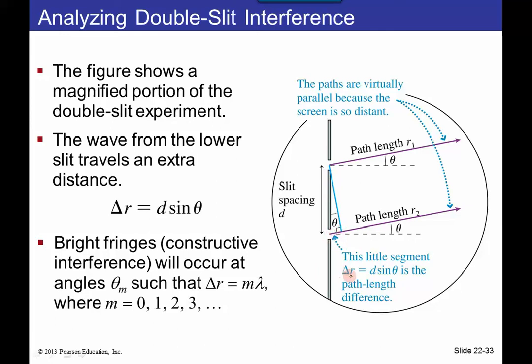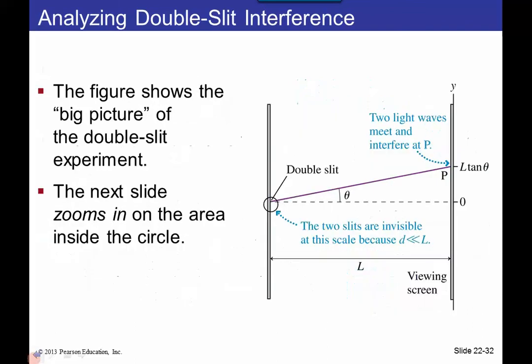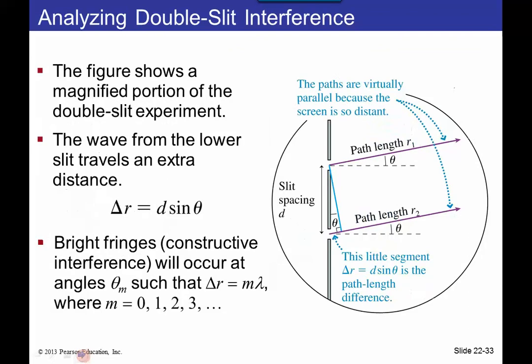This distance, which we're going to call delta r, is d sine theta. This theta is the same theta here, which is also the same theta here. So delta r is d sine theta, and that is the difference in path length.